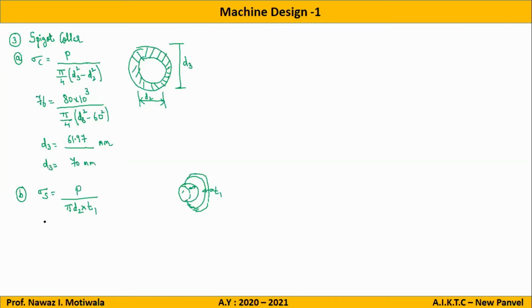Sigma S, what is the shearing part? 38 is equal to P, that is 80 into 10 raised to 3 divided by pi into D2, which is 60, multiplied by T1. Now what is unknown here? Thickness of spigot collar, and the value is 8.84.